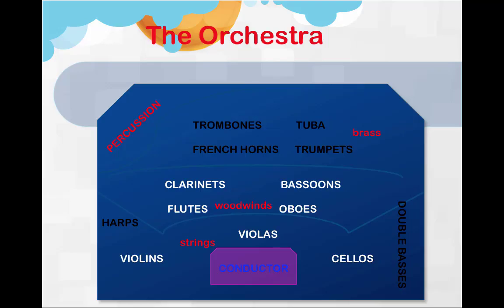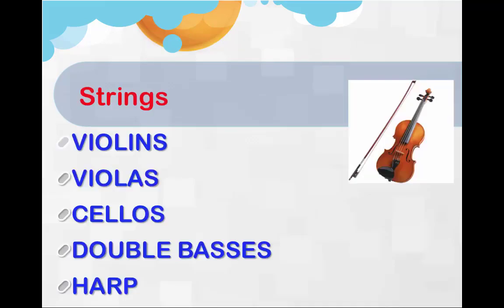I'm telling you these instruments in order of their size and also in order of the pitch that they produce. Violins produce the highest pitch, and you see a picture of a violin here on the right side of the slide. So violins produce the highest notes, and they're the smallest stringed instruments.